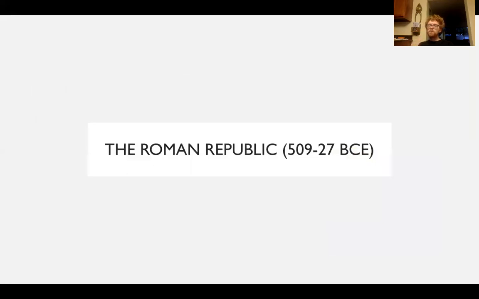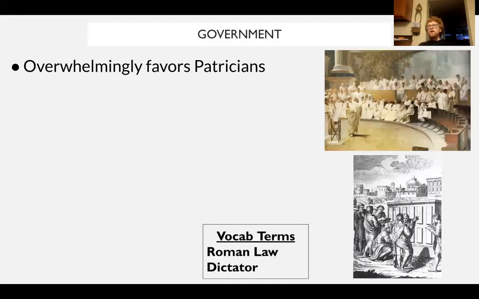So with this overthrow of the initial Roman kings, we see the advent of the Roman Republic. And as the Republic goes on, we are going to see changes to that political structure. However, regardless of what period of the Roman Republic you are looking at, it overwhelmingly favors the patrician class.